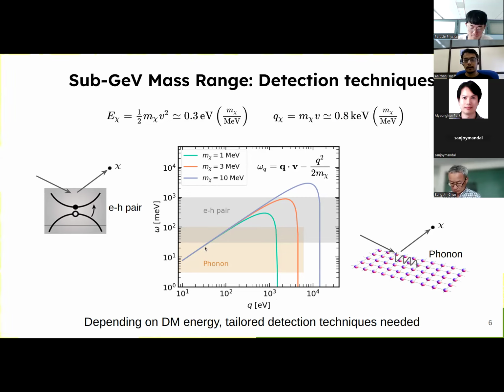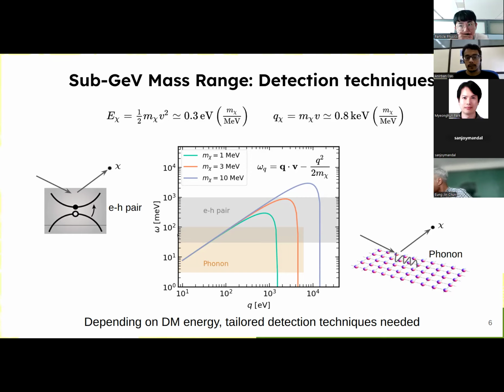Another interesting channel would be electron-hole pair excitation. In this case, dark matter has to interact with electrons, and if it interacts with an electron sitting in the valence band, it can transfer some energy, and that electron can jump to the conduction band, and that will be the signature of dark matter recoil.